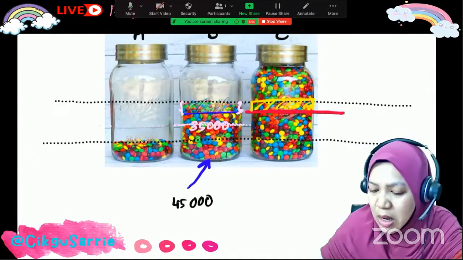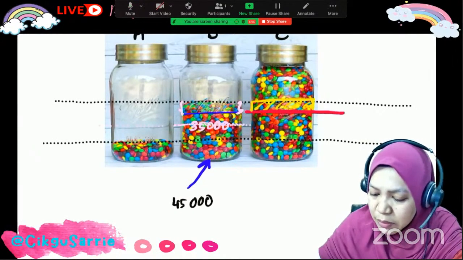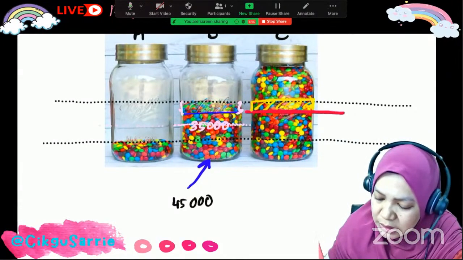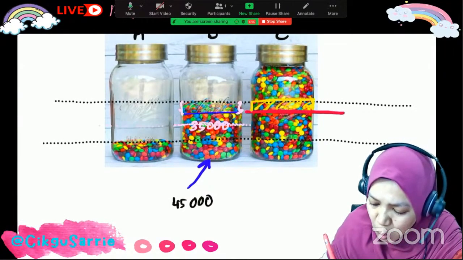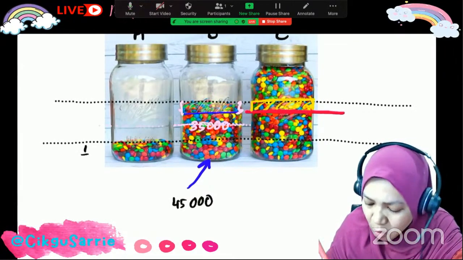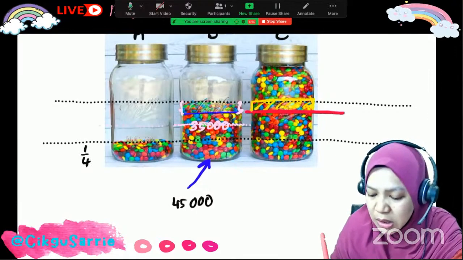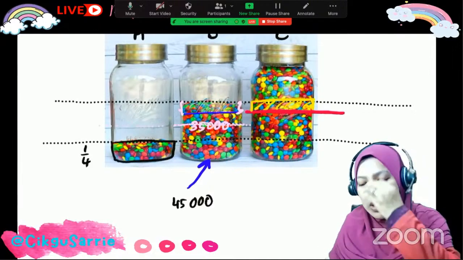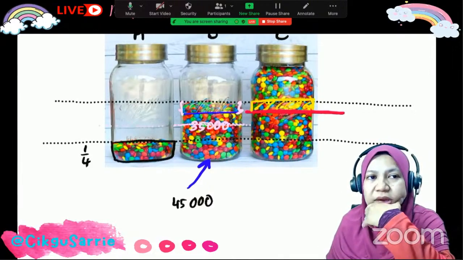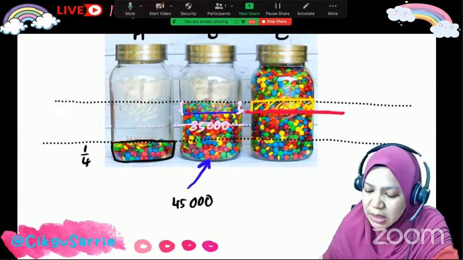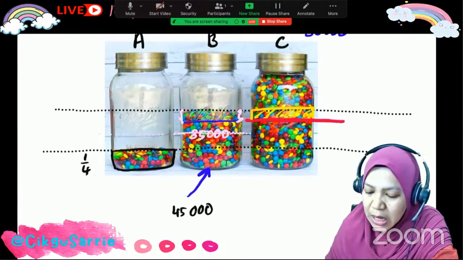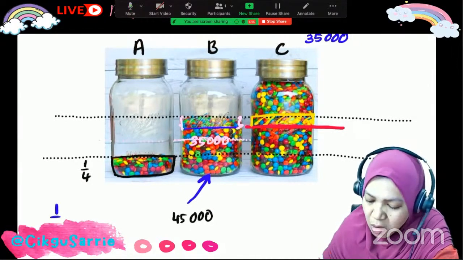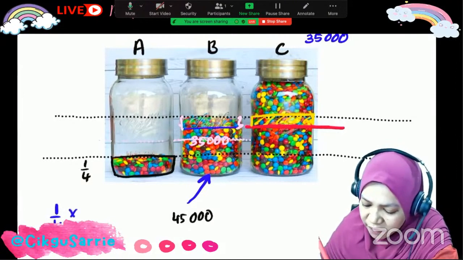So now we can see that the chocolate in bottle A is about 1/4 of the chocolate in bottle B. So how do we get the estimation here? Let's say bottle B is 45,000. So for bottle A, we can say 1/4 of 45,000.